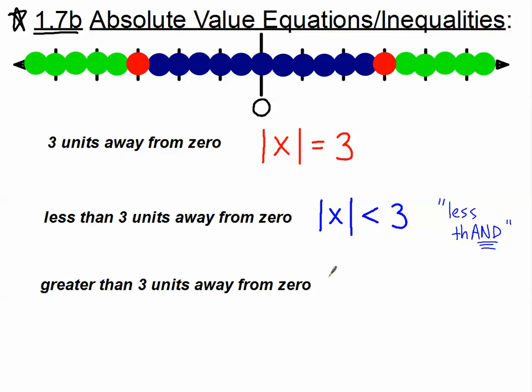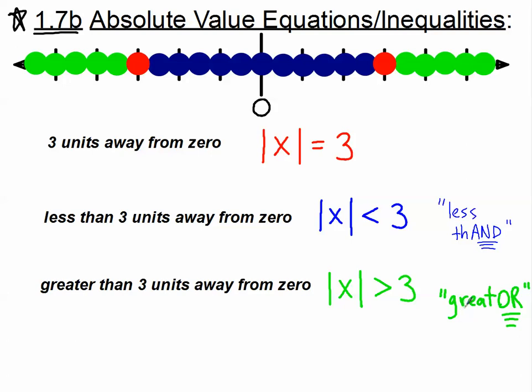And this is the solution, what the graph would look like for an absolute value which is greater than a number. It's the absolute value of x is greater than 3. I like to think of that as a greater symbol, because this is an or.